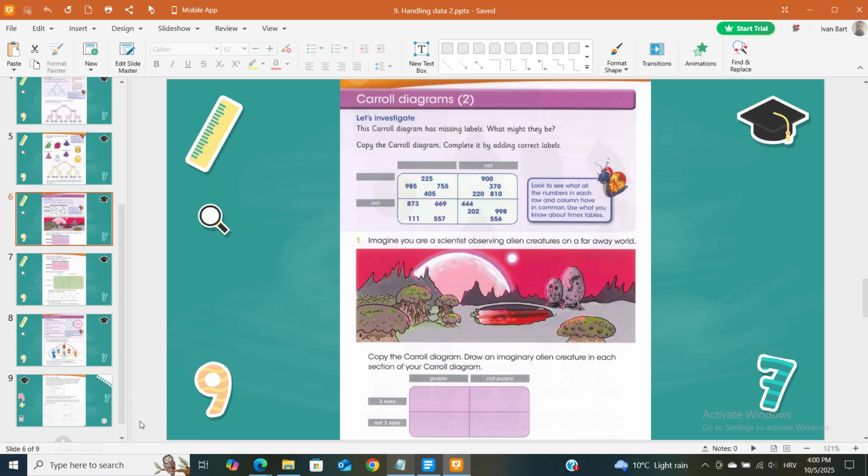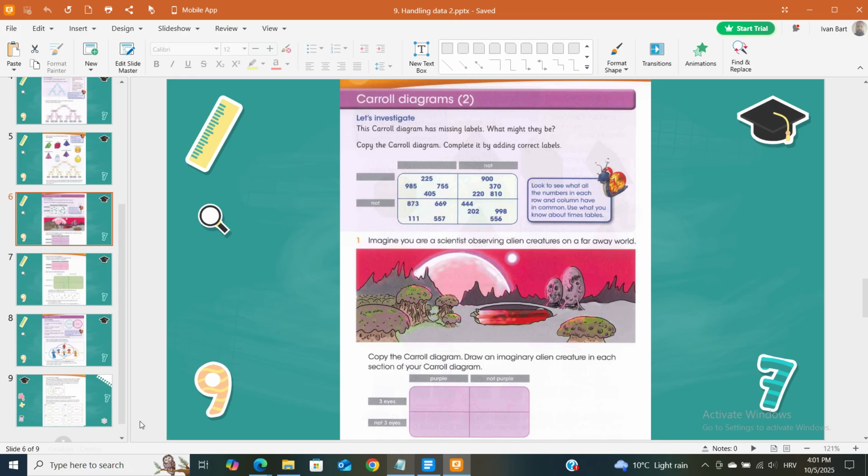Look to see what all the numbers in each row and column have in common. Use what you know about times tables.